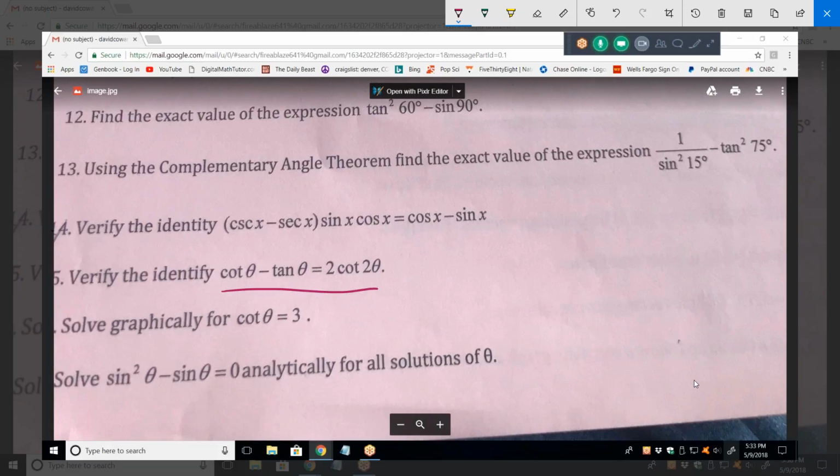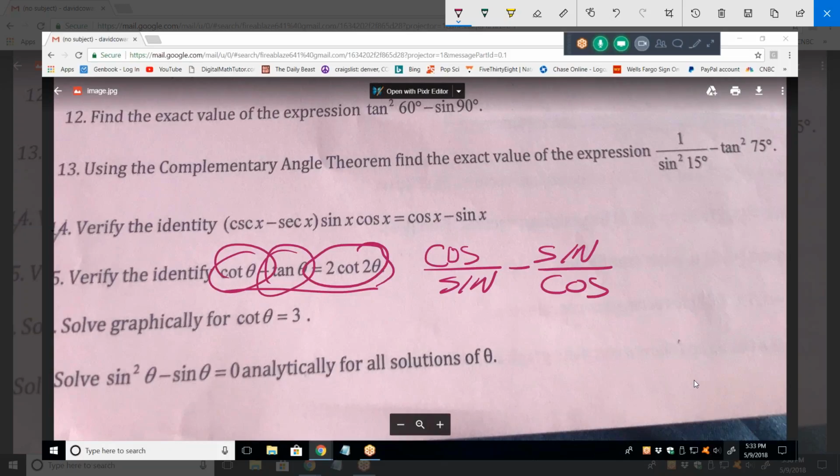Let's do it. Cotangent is what? In terms of sine and cosine. In other words, I'm going to turn every term into sine and cosine. So that's just cosine over sine, minus sine over cosine. And they're saying it's equal to that.